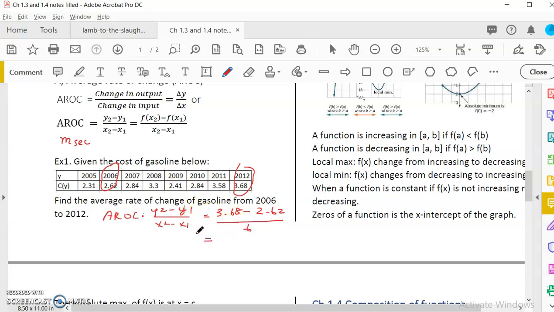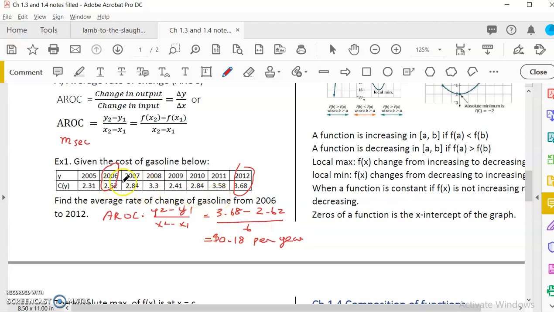So putting in the calculator, that would be 3.68 minus 2.62, 1.06, divided by 6. So 0.18. Now the units of this is $0.18 per year.